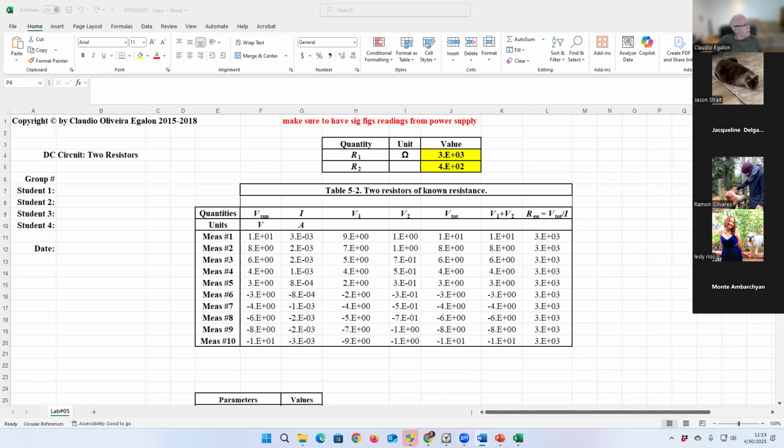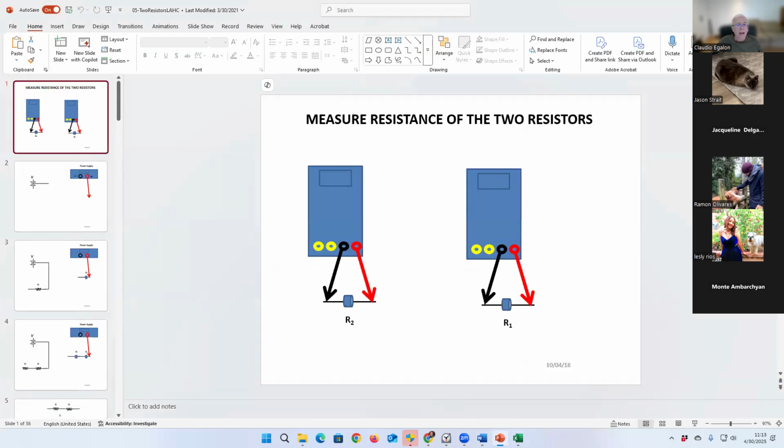To measure the resistance of each resistor, all you have to do is set your multimeter to measure resistance and get the probes to touch the two leads of the resistor, resistor 1 and resistor 2. And you write down the resistance there in the table.